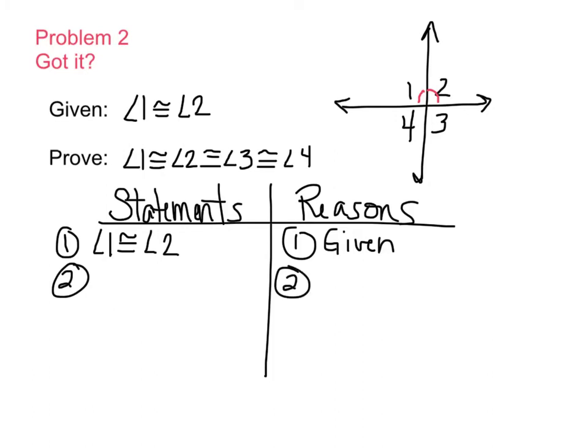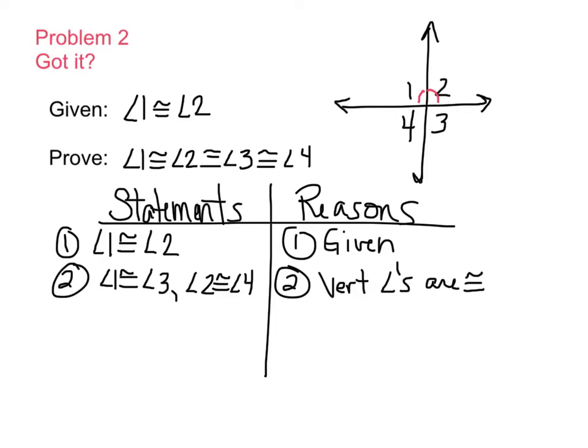Step 2. We can prove that angle 1 is congruent to angle 3, and angle 2 is congruent to angle 4. Why? Because you can just say vertical angles are congruent.